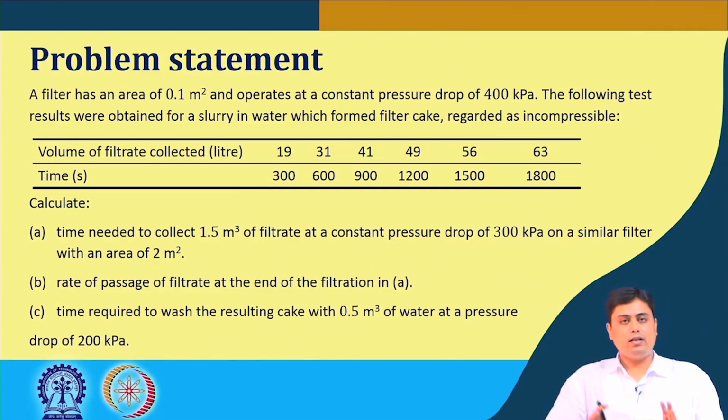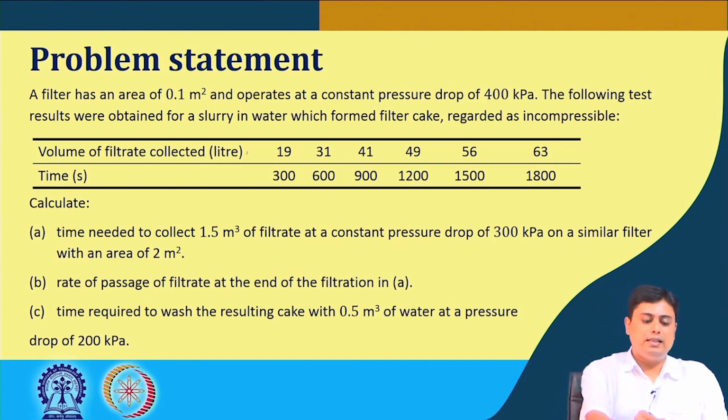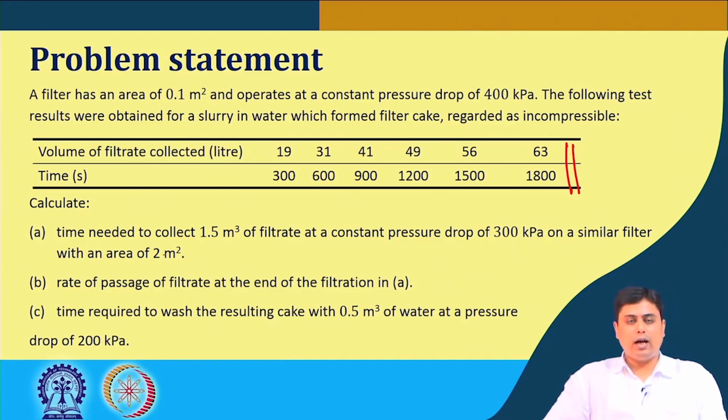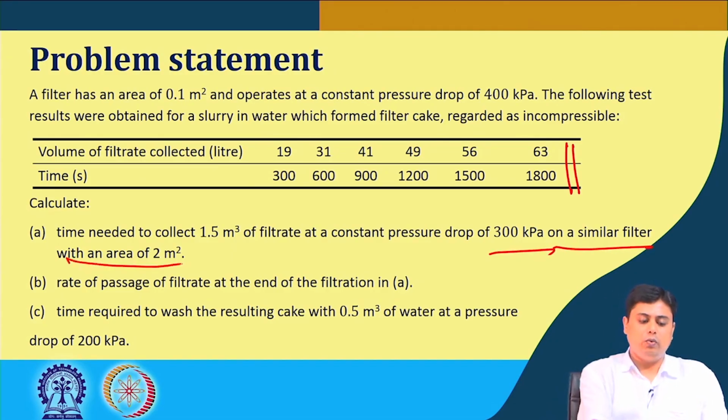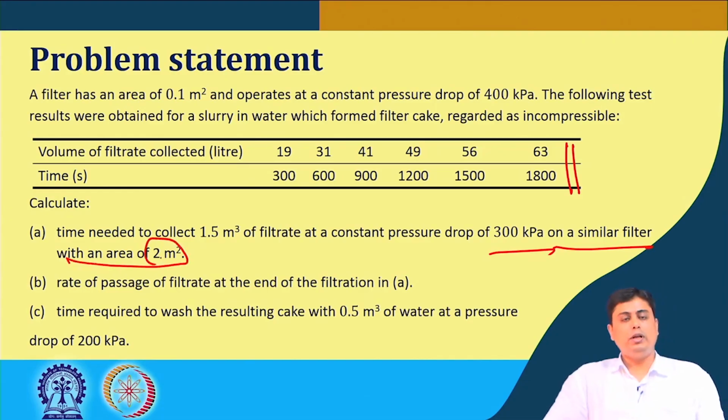The following test results were obtained for a slurry in water which formed a filter cake, which can be regarded as incompressible. The V versus T data set is given, similar to the previous problem. The question is the time needed to collect 1.5 meter cube of filtrate at a constant pressure drop of 300 kilopascal on a similar filter with an area of 2 meter square.